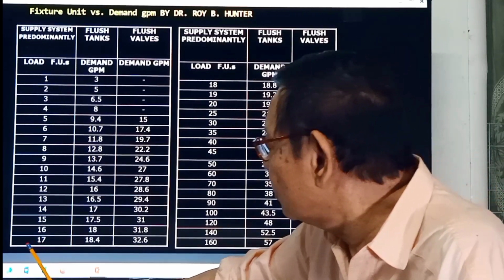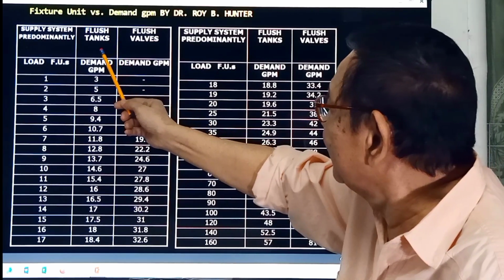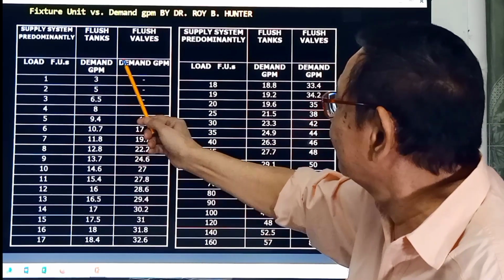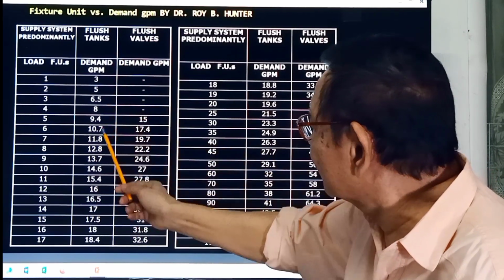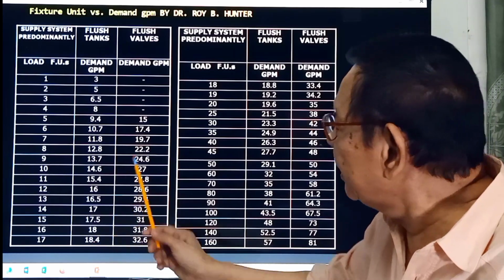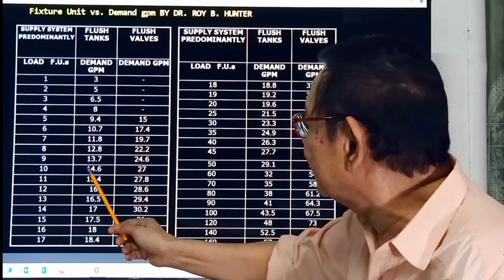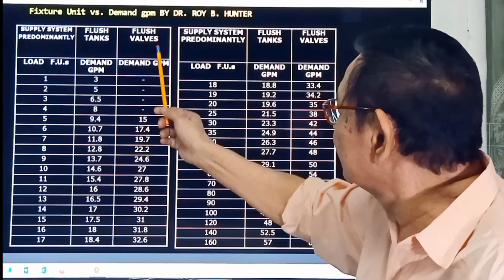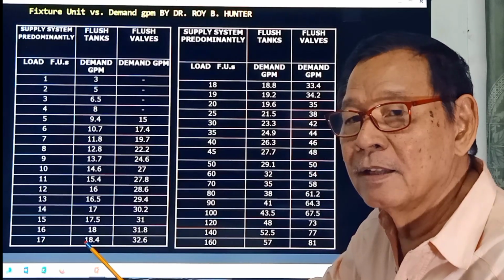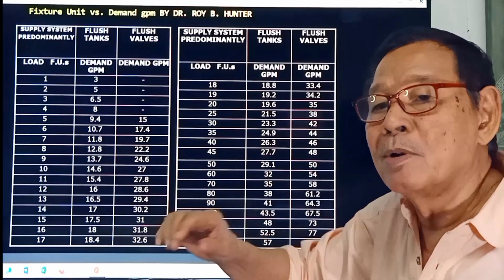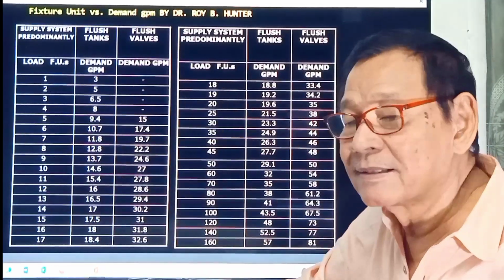So, in all of our design, the predominantly flush tanks and predominantly flush valves, there is an equivalence of a demand GPM. Take note that a demand GPM for flush tanks is a little lesser than the demand GPM of a flush valve. So if your system is more on flush tanks, you get the value from the flush tanks.